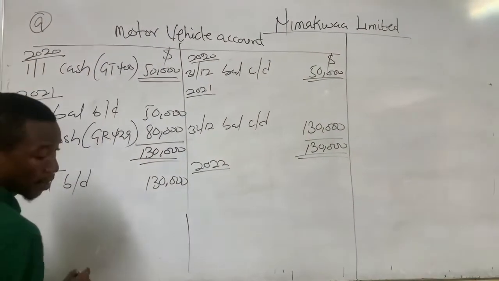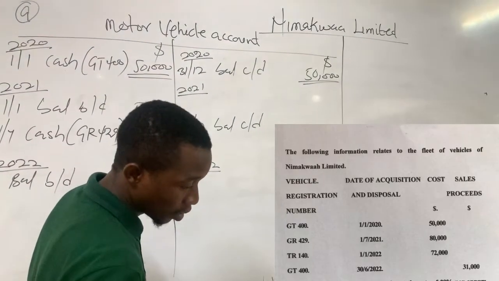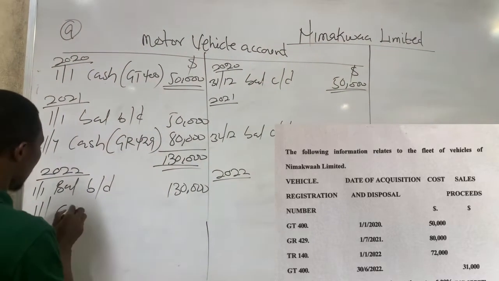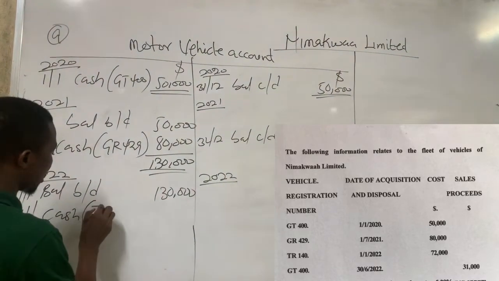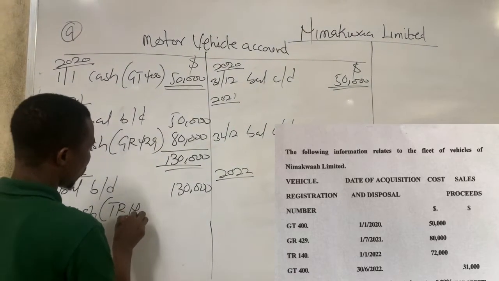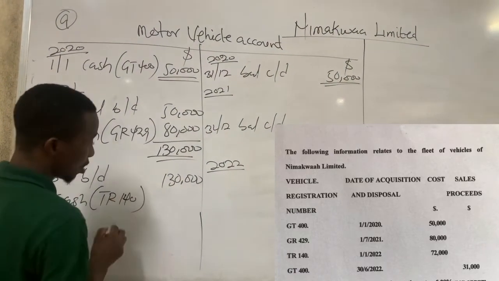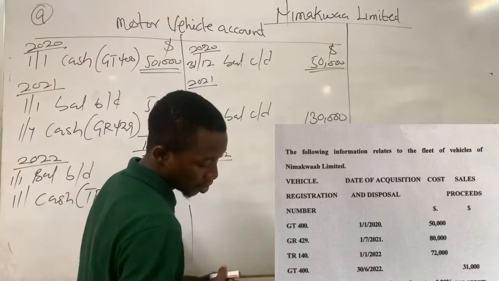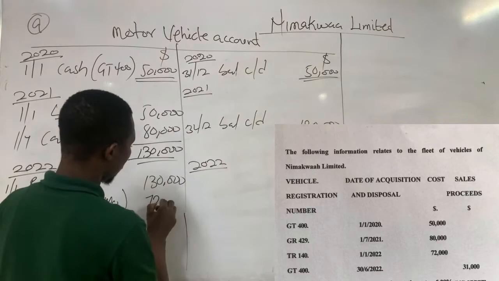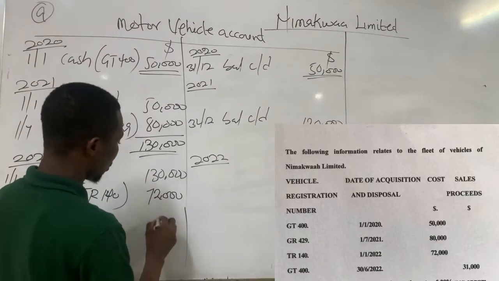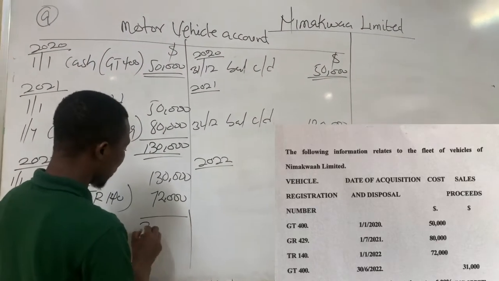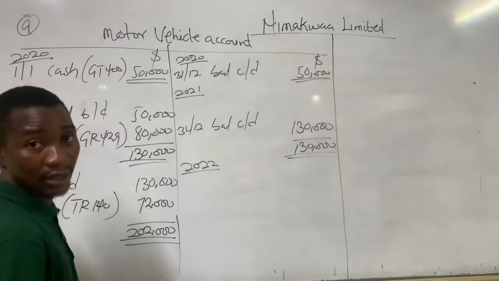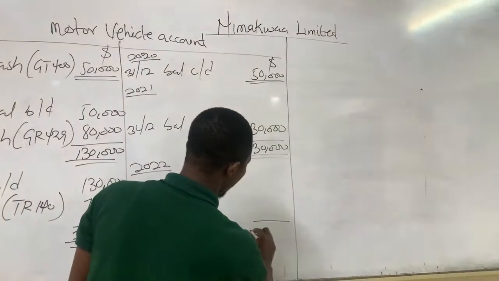From the question, we acquired an asset on 1st January by cash, and the asset is TR140, and the cost of this asset from the question is 72,000. And the total is going to give us 202,000.